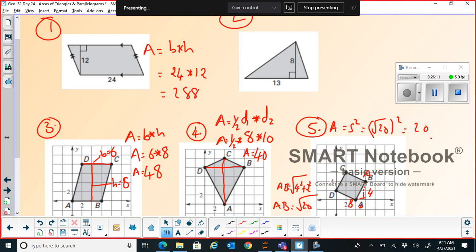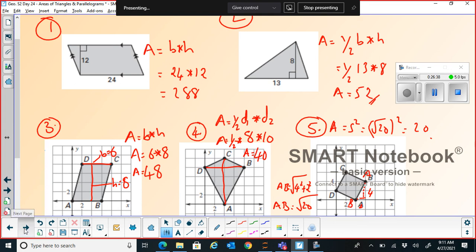Here this triangle area is half of base times height. Base is 13 and height is 8. That gives us 52 units. So I get area is 52 units.